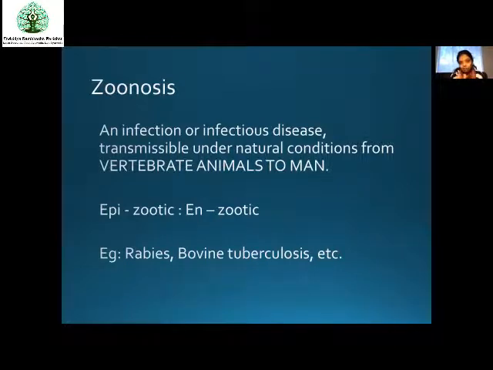It is not usually present in man, right? In the same way, bovine tuberculosis, from cows to us, is transmitted through milk. So diseases which transmit from vertebrate animals to us are called zoonosis. There are other categories also, for any animal for that matter, but for vertebrates, it is zoonosis.